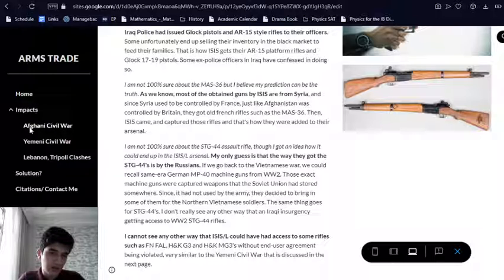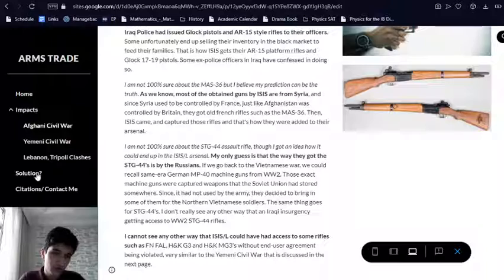Also, the tabs. As you can see, it has a home page. Impacts itself is a separate page. Also, the Impacts tab has 3 examples which I've worked mostly on. These are all in Middle East, as I've said.